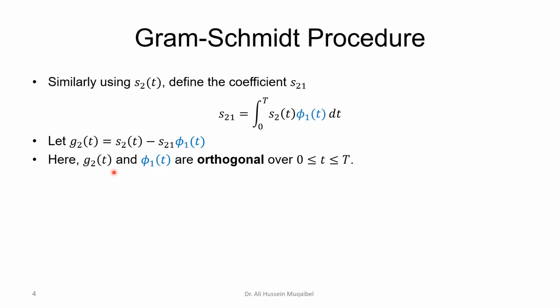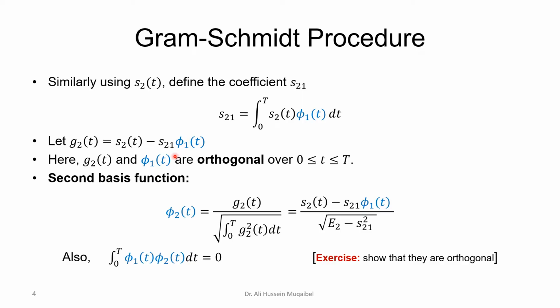Now, to make sure that G2 and phi1 are orthogonal, we have removed all the contribution of S2 in the first base. Now we can proceed in the same way. The remaining of this, which is of course orthogonal to phi1, is G2, and we need to normalize.